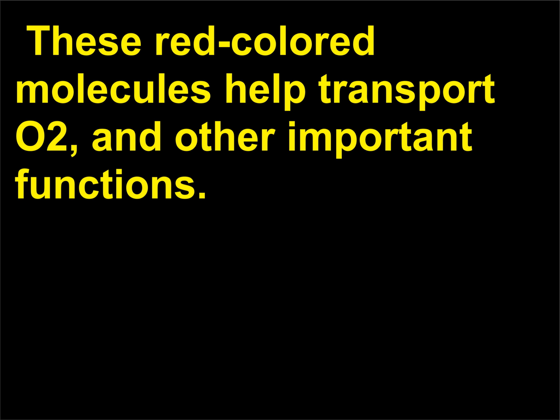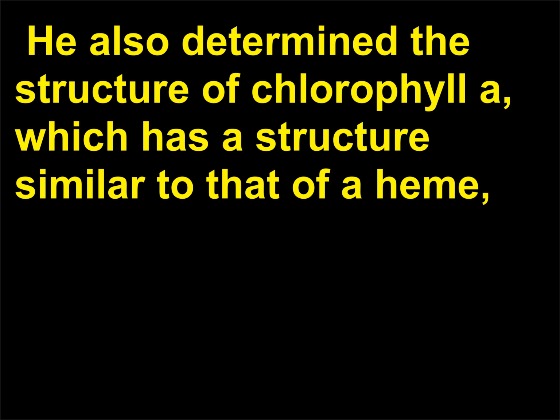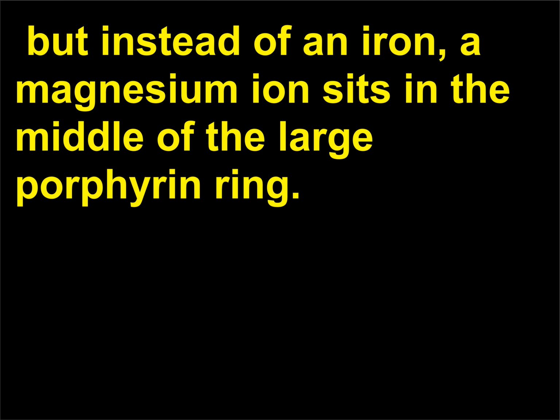These red-colored molecules help transport O2, and other important functions. He also determined the structure of chlorophyll A, which has a structure similar to that of a heme. But instead of an iron, a magnesium ion sits in the middle of the large porphyrin ring.